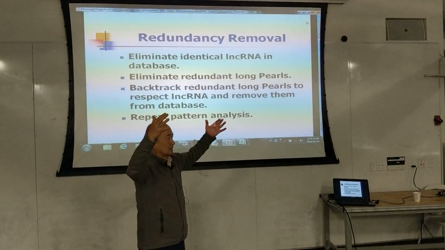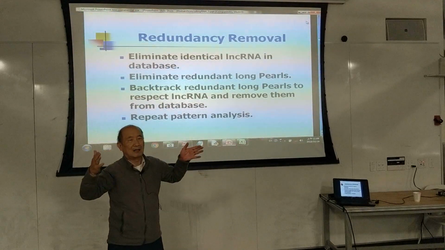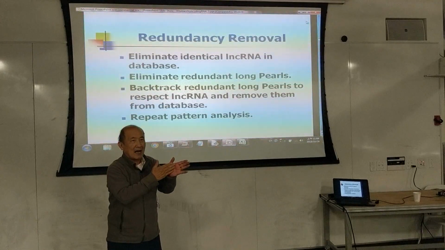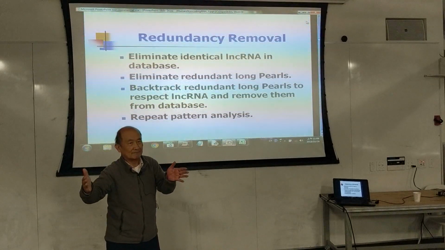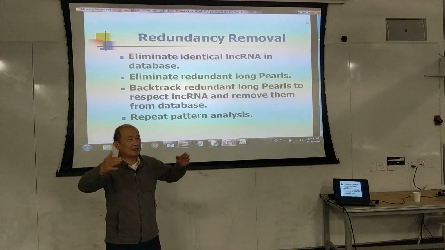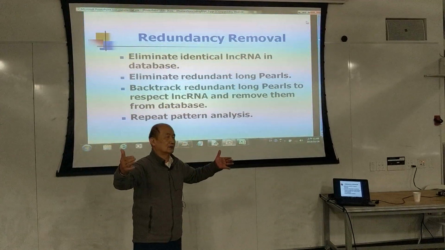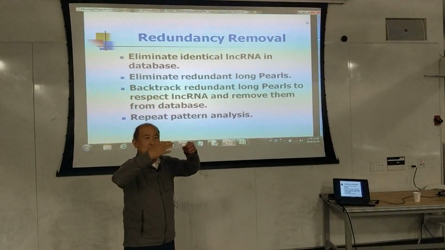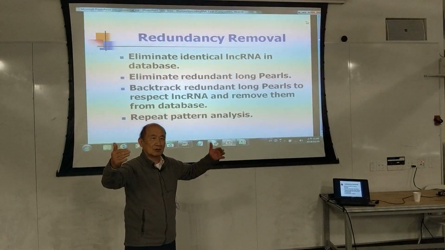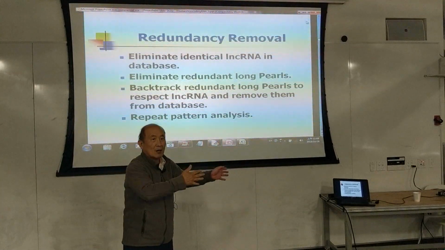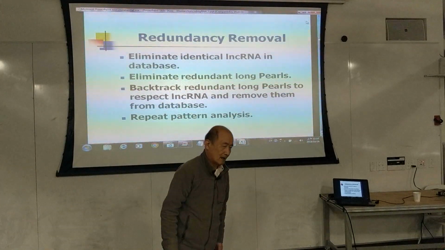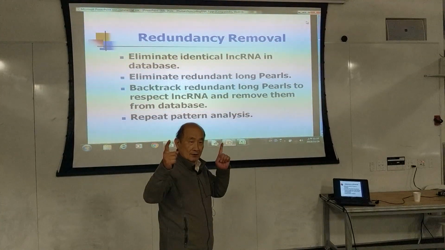So finally, I use the criteria that I go to all these long pairs, and I go to the middle of each and take 200 nucleotides, and then use these 200 nucleotides to compare with all the other long pairs to see if this 200 sequence appears in any of the other pairs.